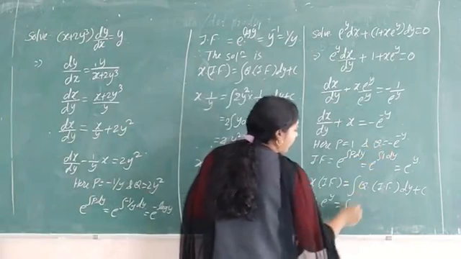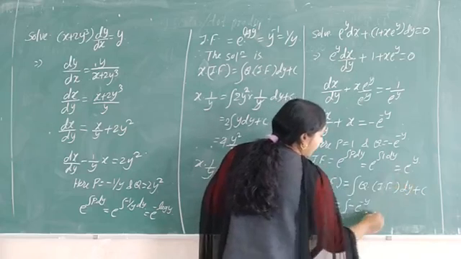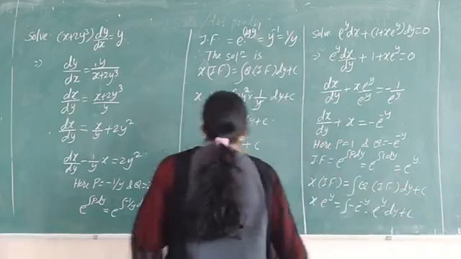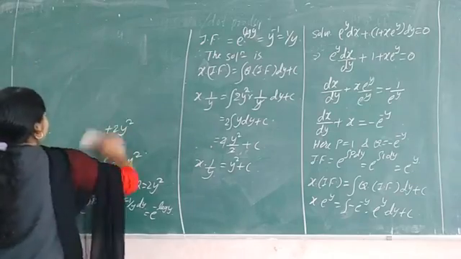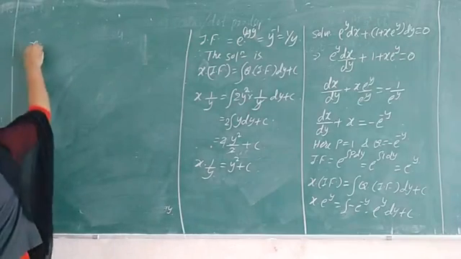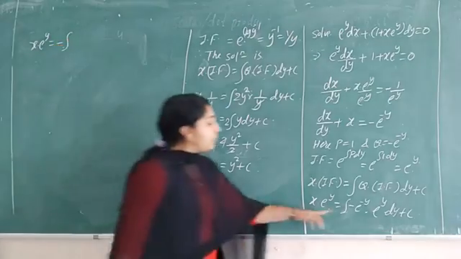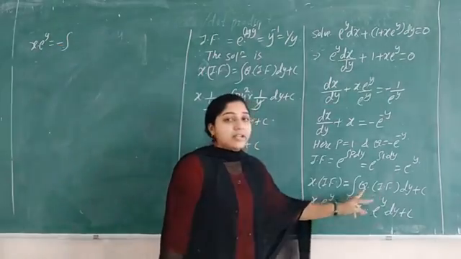Integration of the value of q, minus e to the power of minus y into integrating factor e to the power of y, with respect to y plus c. Okay. Try to solve this. We have e to the power of minus y into e to the power of plus y. Take minus sign outside. Okay. Here we have e to the power of minus y into e to the power of plus y. We will get e to the power of minus y plus y.